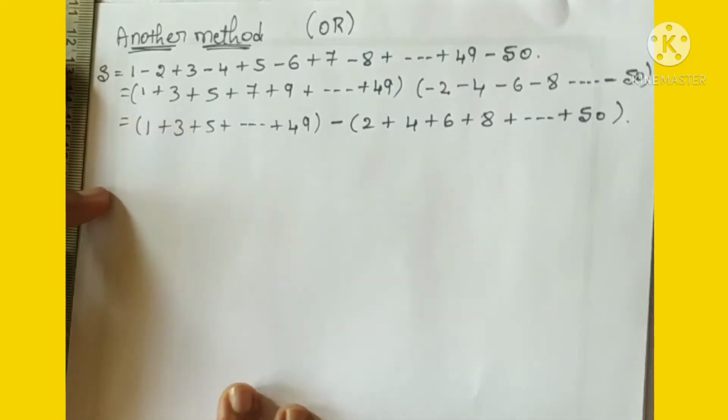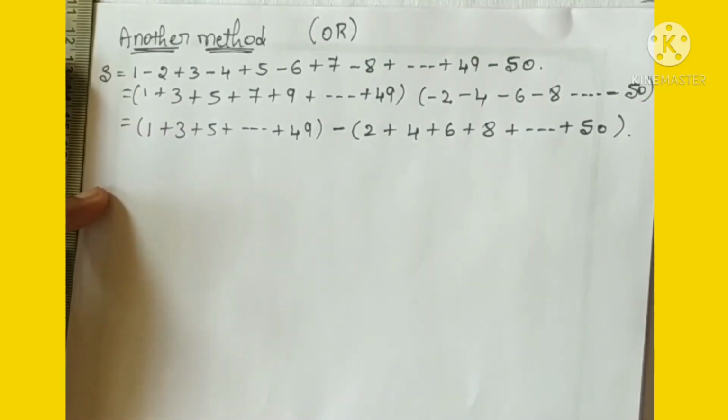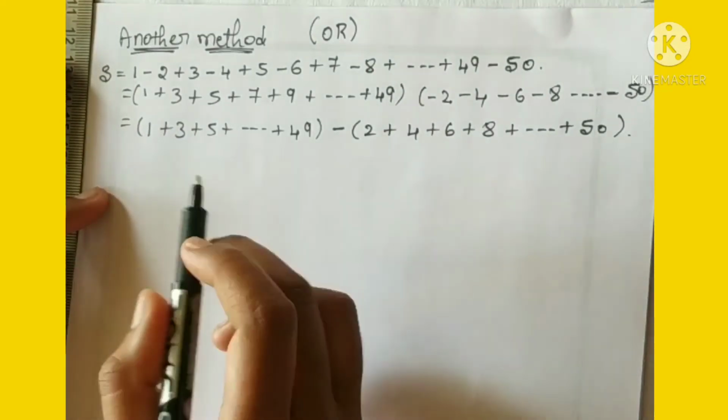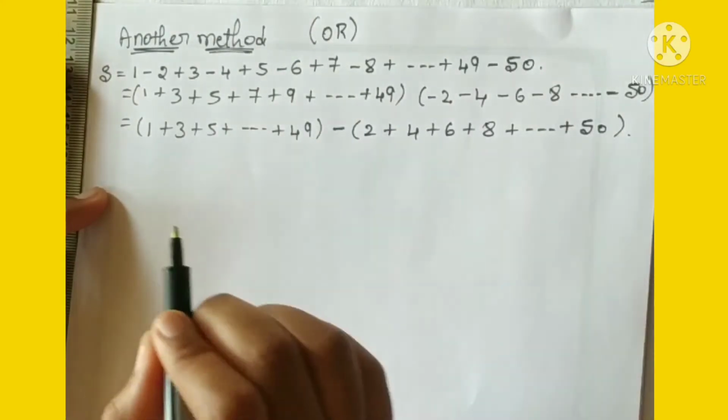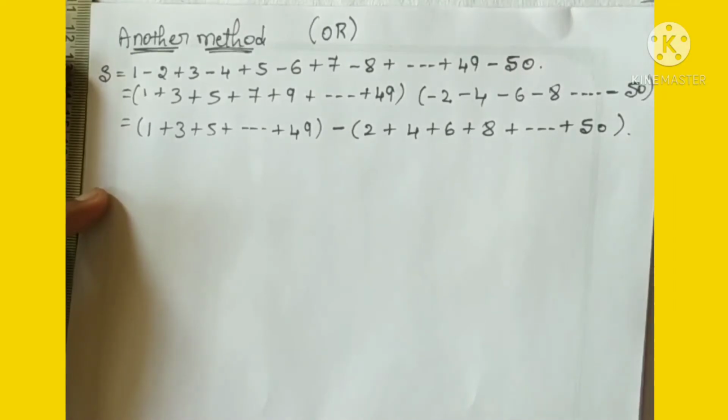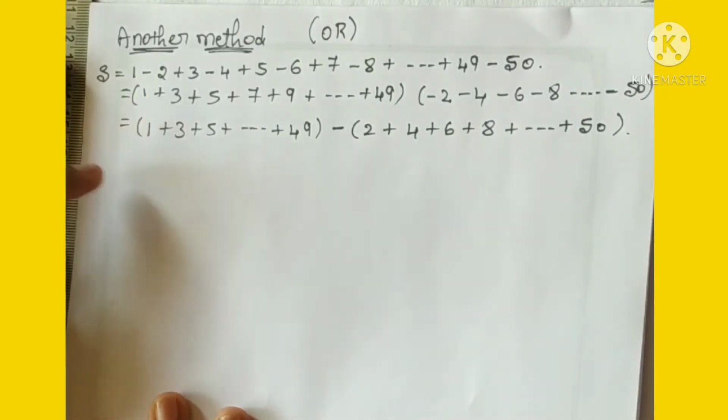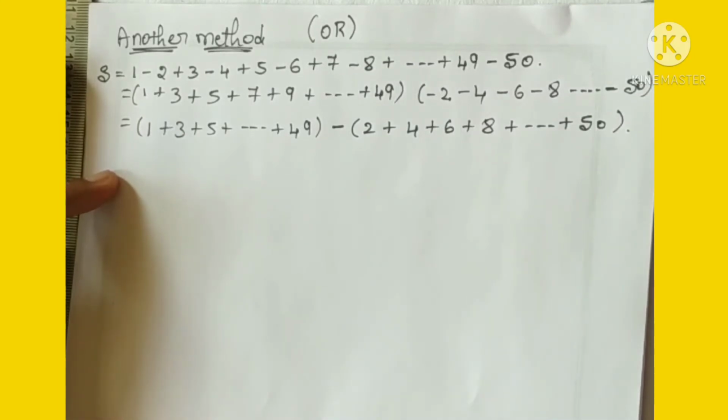Now this set of numbers are in AP. AP means arithmetic progression. Arithmetic progression means difference between any two consecutive terms are always constant.